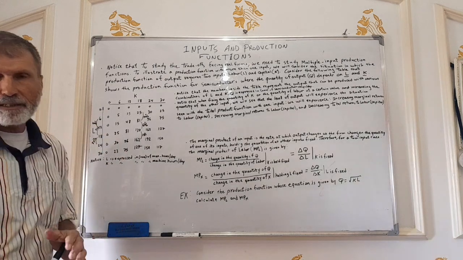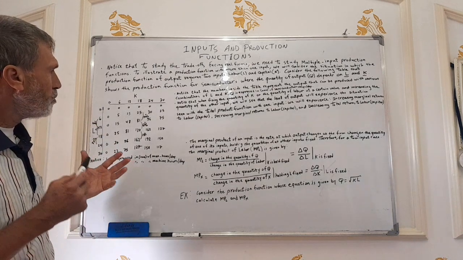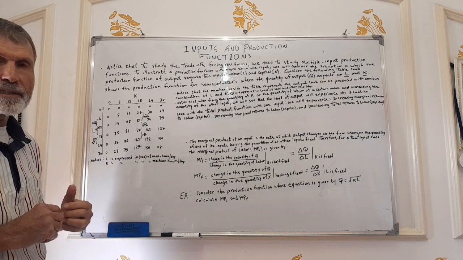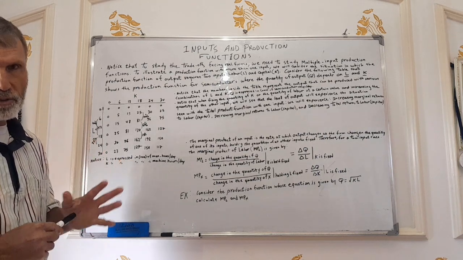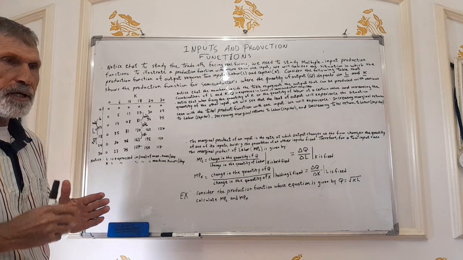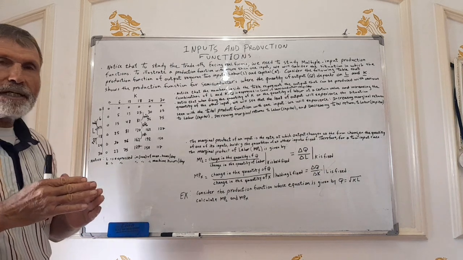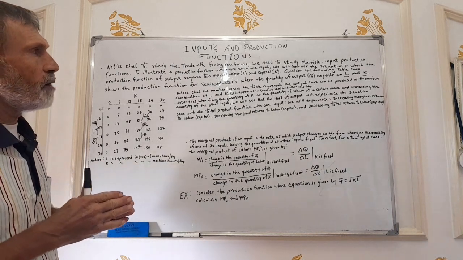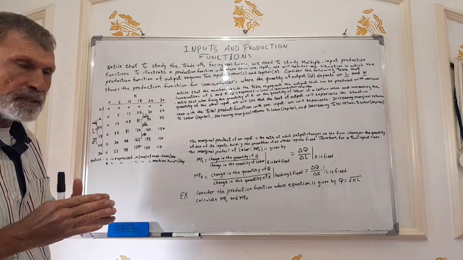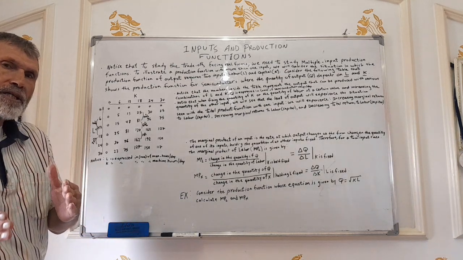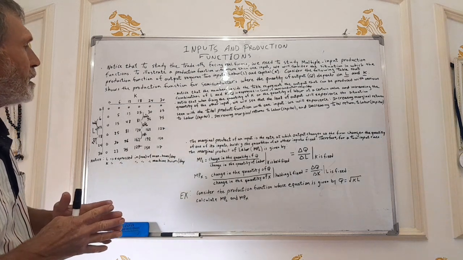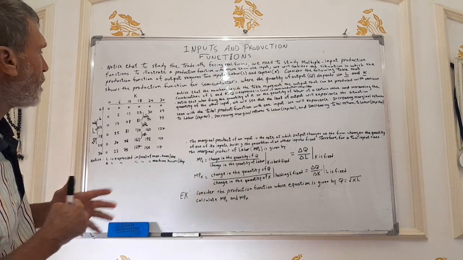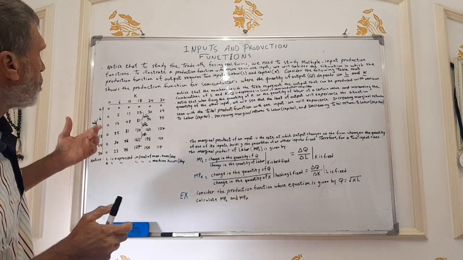We notice that, when doing so, we pass through 3 regions: increasing marginal returns to labor, decreasing marginal returns to labor, and decreasing total returns to labor.